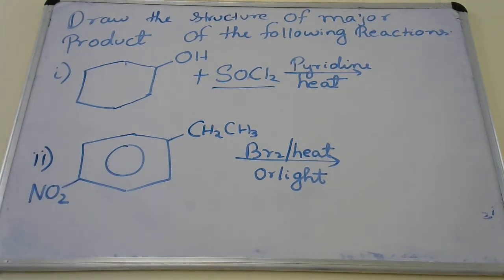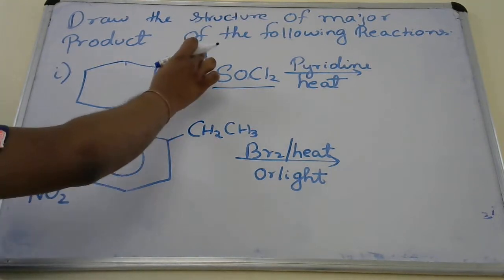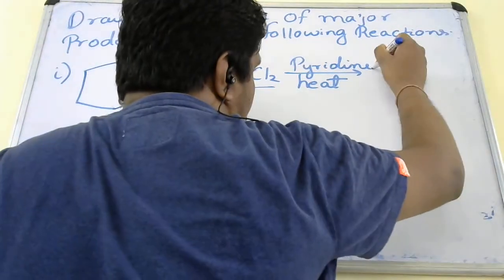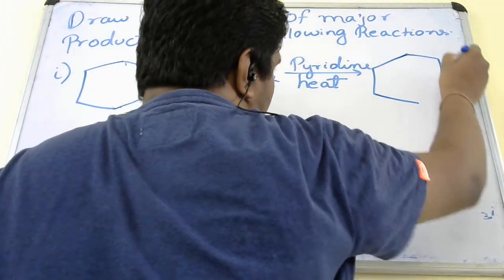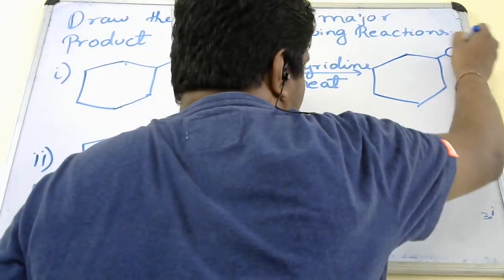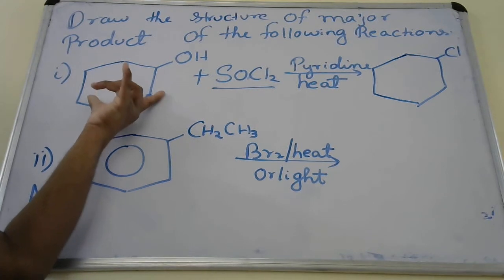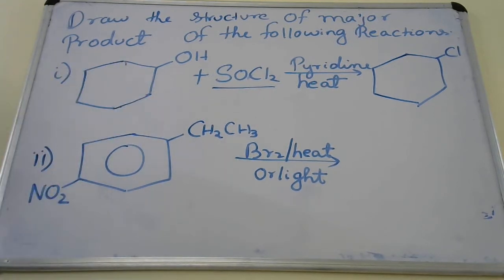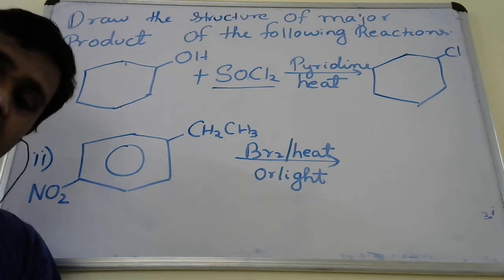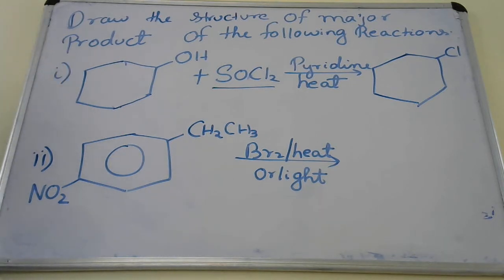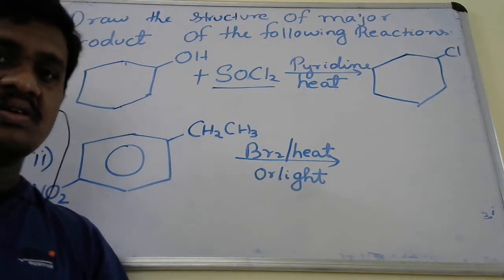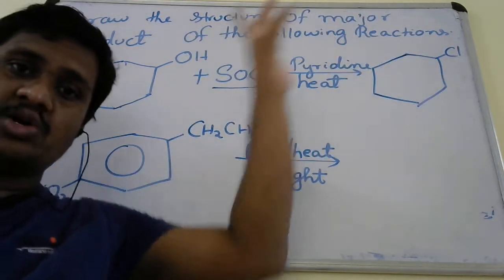Cyclohexanol, thionyl chloride, pyridine and heat. You know it very well. OH will be replaced by chlorine. Any aliphatic alcohol or cyclic alcohol in presence of thionyl chloride, pyridine and heat, the OH will be replaced by chlorine.